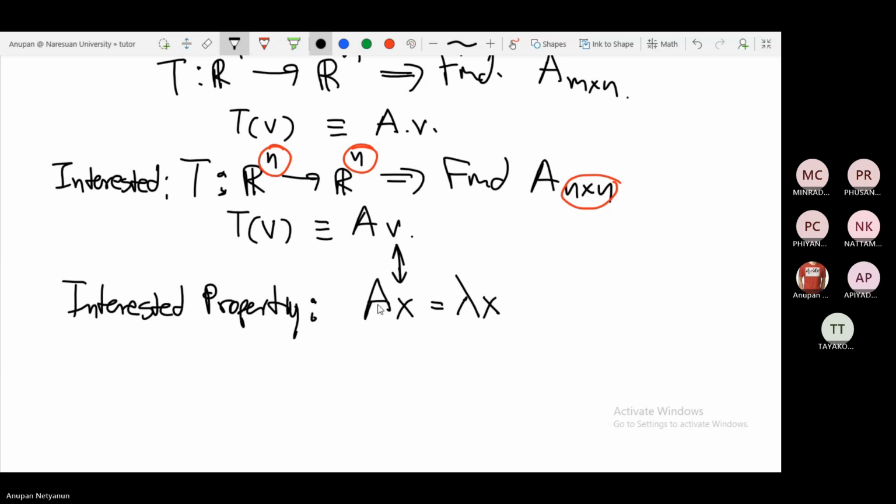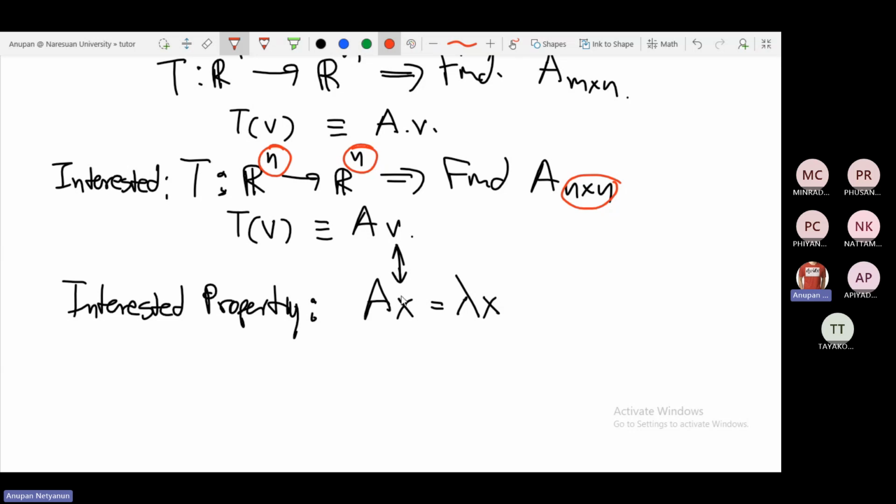So the result of multiplying matrix A to a vector x is a multiple of x. That is, a scalar multiplied to x, the constant multiple. So what we need to do is, we have matrix A, right?